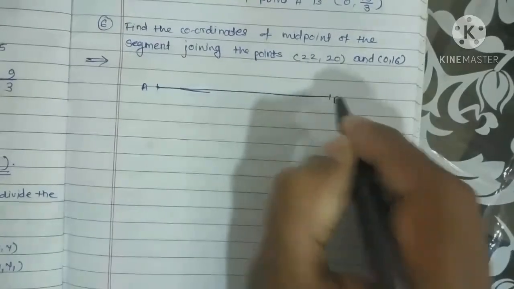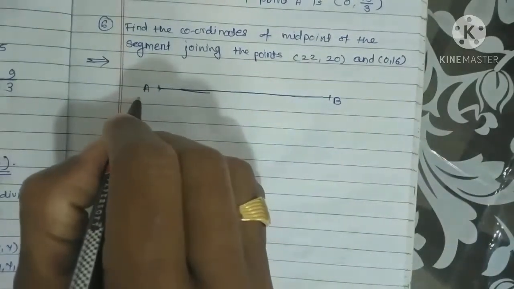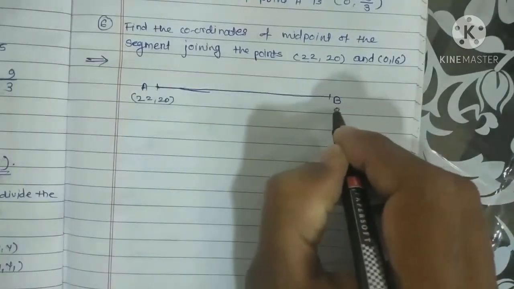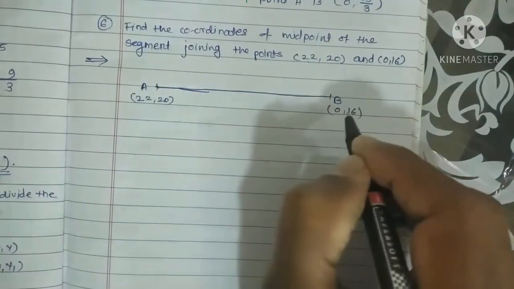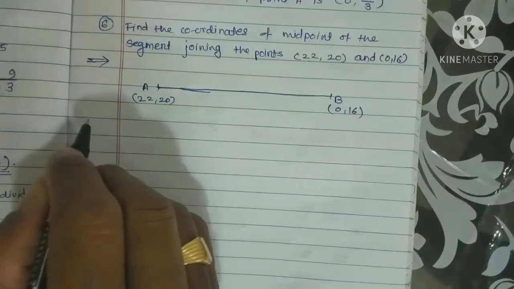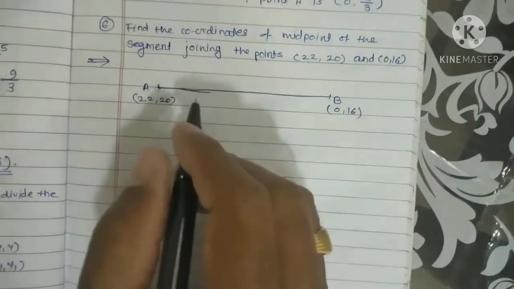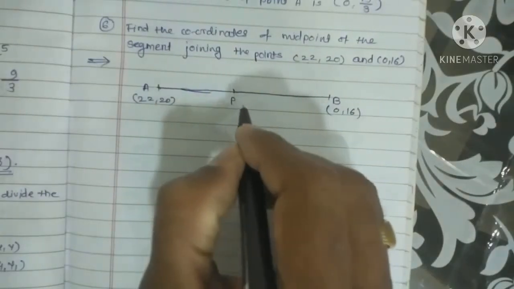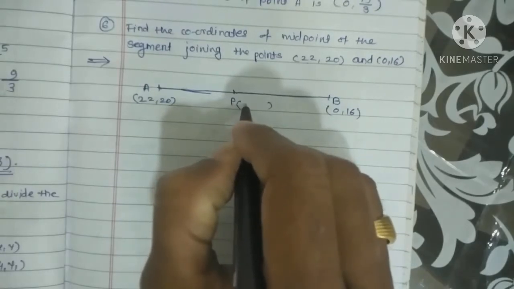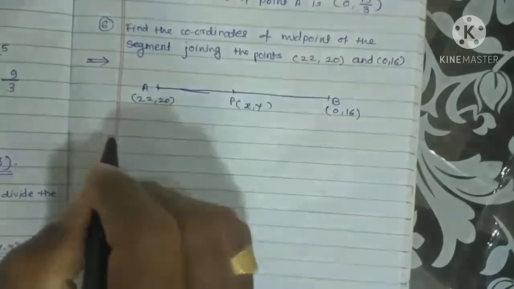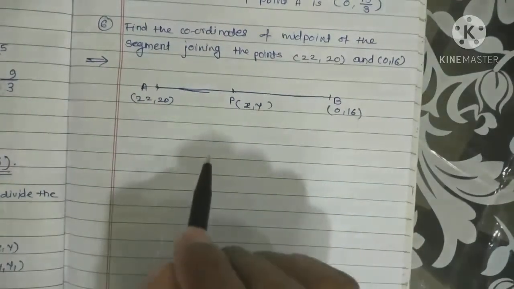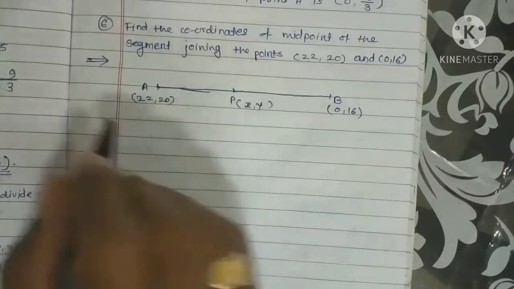This is the segment AB. The coordinates are (22, 20) and here (0, 16). In this segment the point P is the midpoint. Suppose this point P's coordinates are x and y. So find these coordinates of the point P by using the midpoint formula.